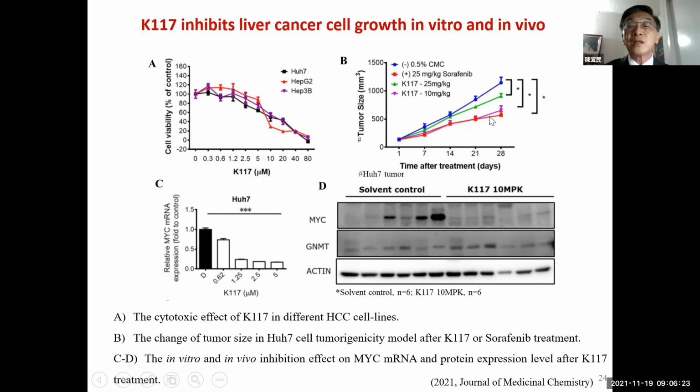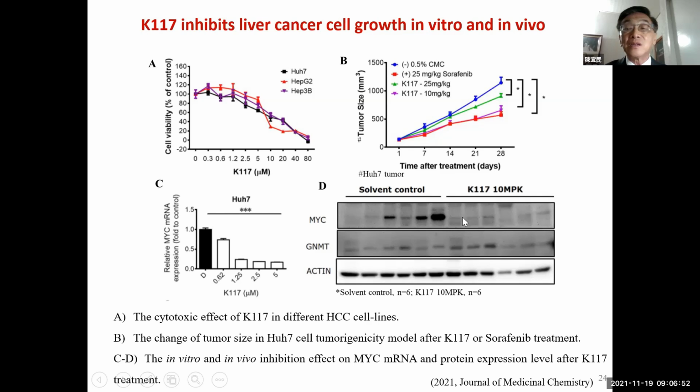The red curve is the sorafenib curve. You can see that the mice treated with 10 milligrams per kilogram, the purple dots, have quite a similar effect as the sorafenib treatment. And this shows the messenger RNA level of MYC gene expression at different dosages of K117 treatment.